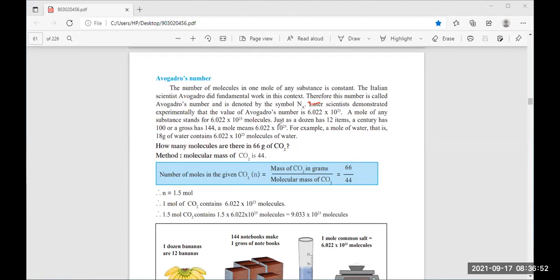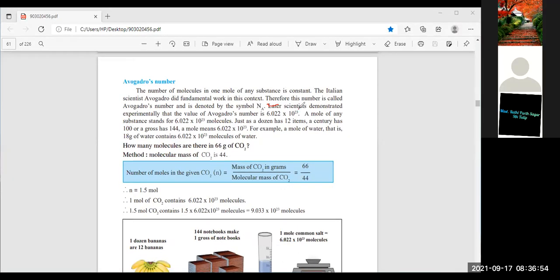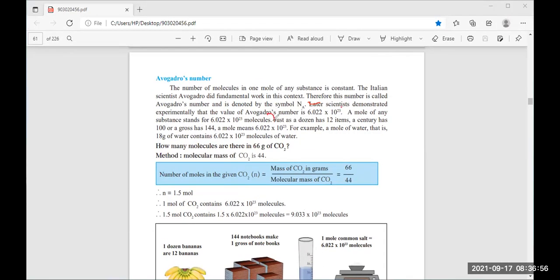A mole of substance is equal to. Getting it, everyone? Yes or no? Please tell me. I'm giving it for you, and if you are getting it, then say yes, sir. Give me a reply immediately. Yes, sir. Okay. So we have completed question number 4.